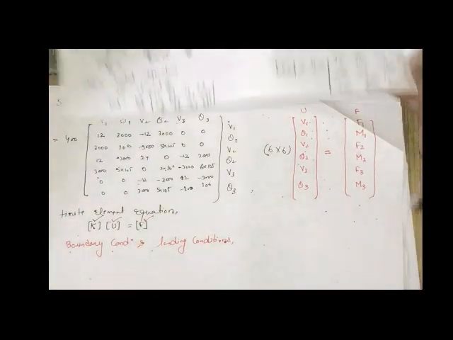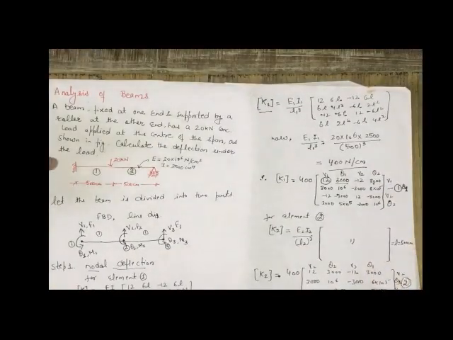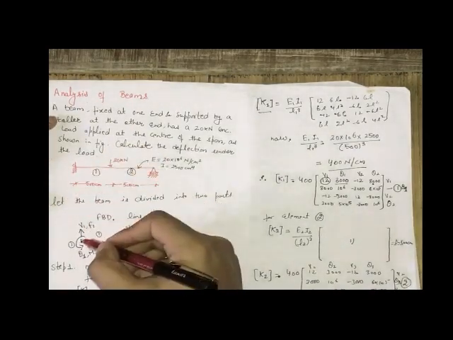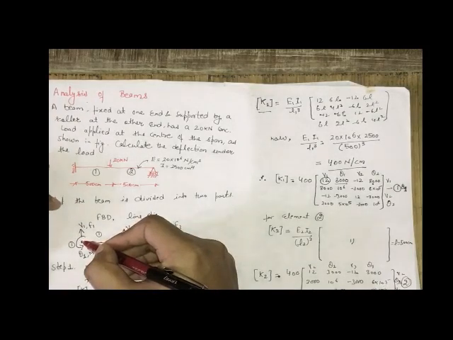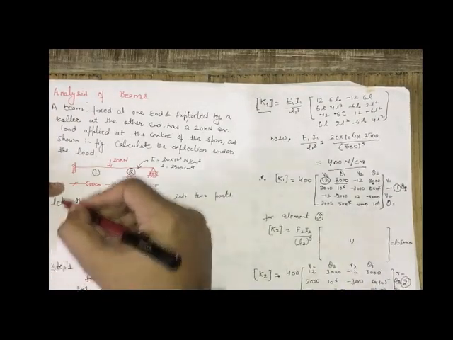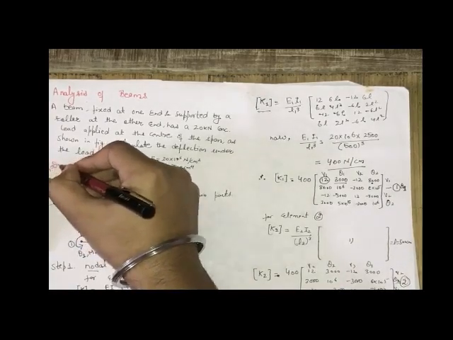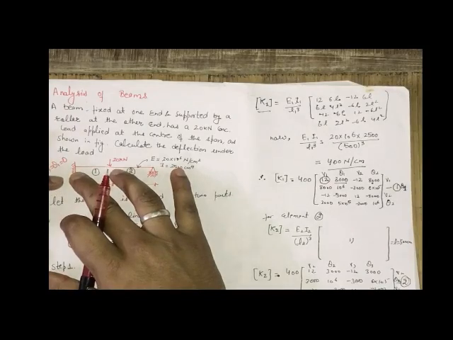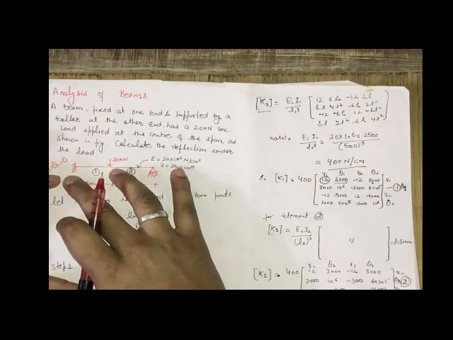Here, at the one end we have the fixed end. It means that at the left end we have no deformation. So here v1 is equal to theta 1 is equal to 0 because of the boundary condition. So it will be 0.